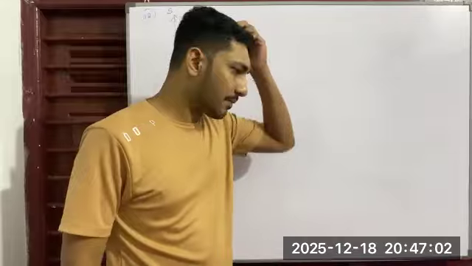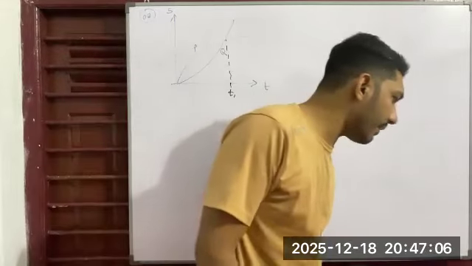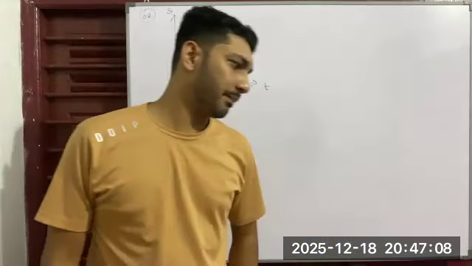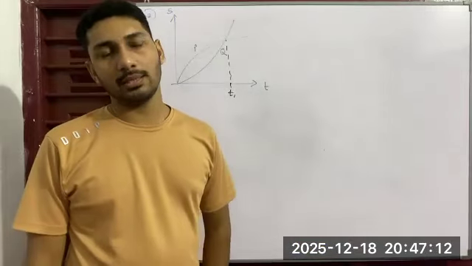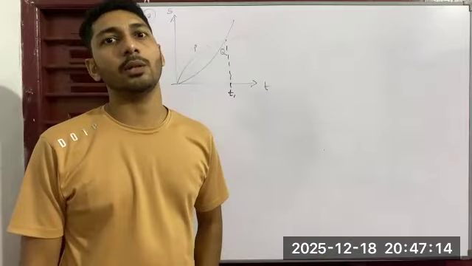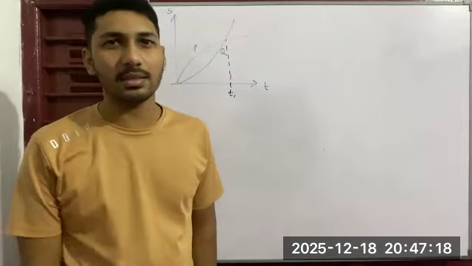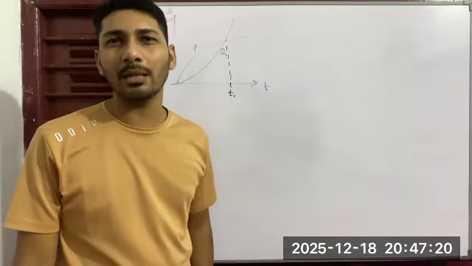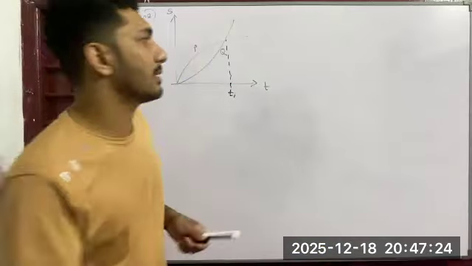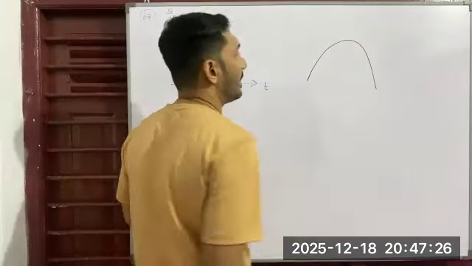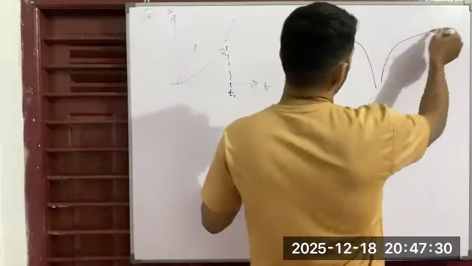First statement: up to T equal to T1, the distance traveled by both is equal. Displacements are equal, so therefore distances should be equal. In graphs like this, distance and displacement are usually the same. If the displacement graph turns like this, then the distance graph will be like this.